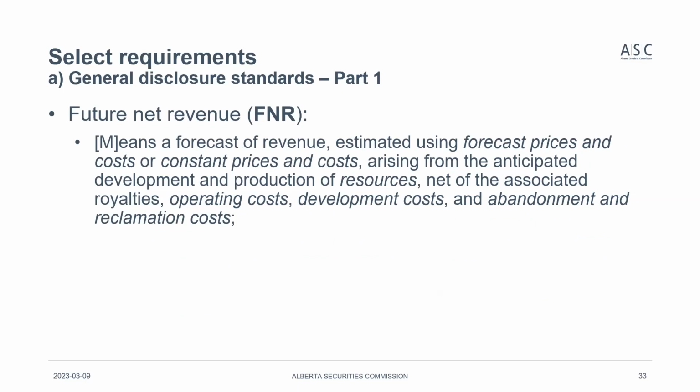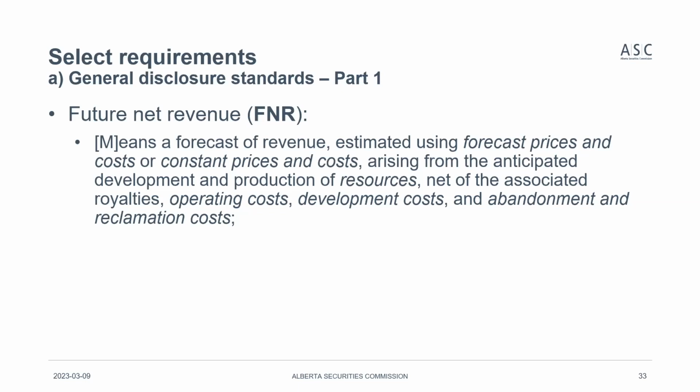So future net revenue is a term that you will hear often in relation to 51-101 disclosure. It's a representation of value, and we use it throughout 51-101. So really, it's establishment of value associated with reserves and resources other than reserves. It's a forecast of revenue estimated using forecast prices and costs or constant prices and costs arising from the anticipated development and production of resources.